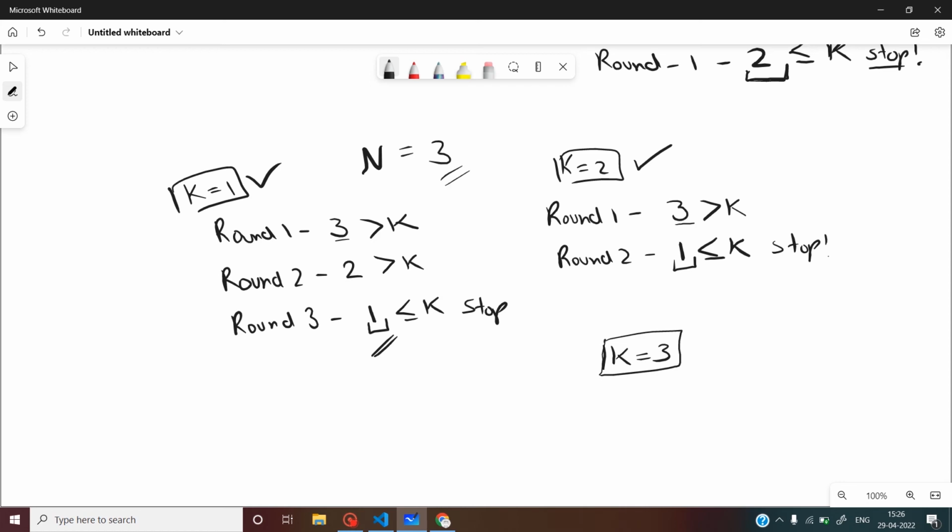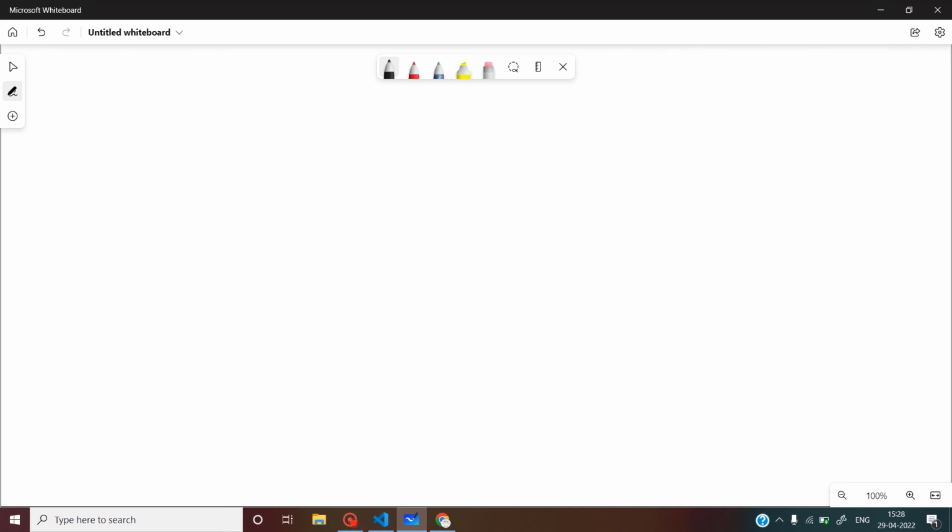Suppose we take k equal to 3. Now, suppose that we are given number of players equals n. What we can see from the test cases is that there should be exactly one player left in the game. Suppose that n equals 7. So these are the players. Let us suppose that 7 will be the winner of the game.